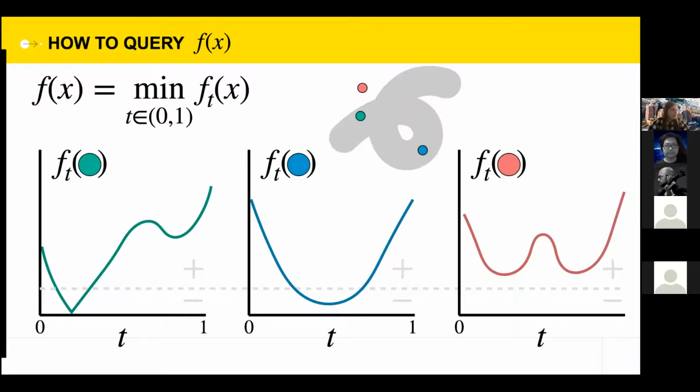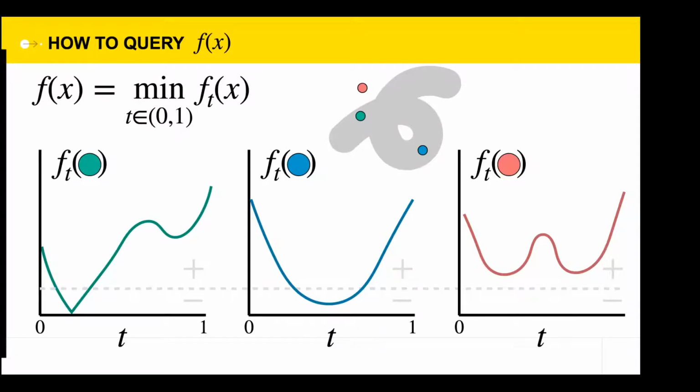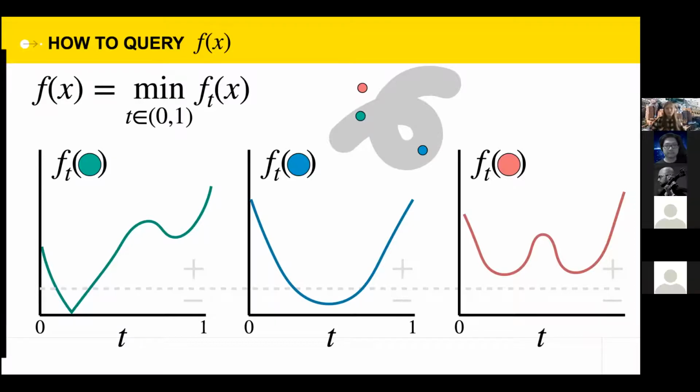It's a very simple trajectory. It's in 2D, it's not even in 3D. And already we can have a fairly diverse set of functions with several local minima and radically different shapes depending on where the point that we want to query is, right?